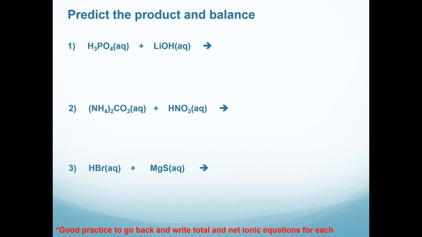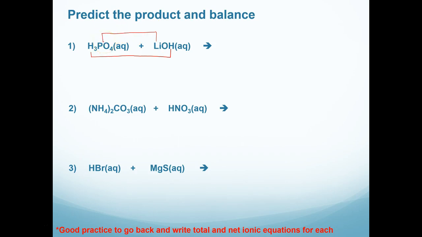So here's some practice, and we want to see what types of solutions we have. So let's go ahead and look at this. Phosphoric acid is one of our strong acids that we need to know, and we have a metal hydroxide, so we're doing an acid-base neutralization. The hydrogens are going to pair up with the hydroxide, the lithium will pair up with the phosphate.